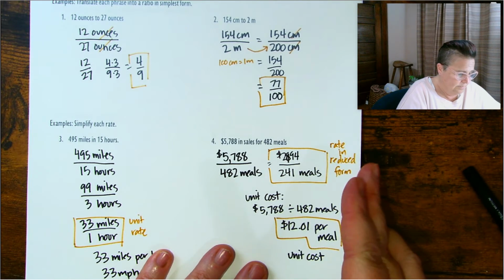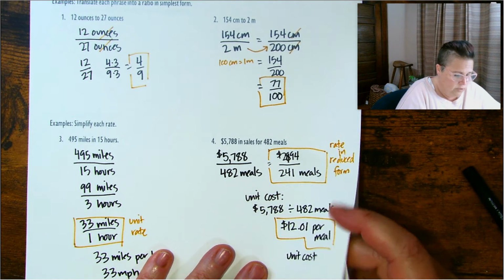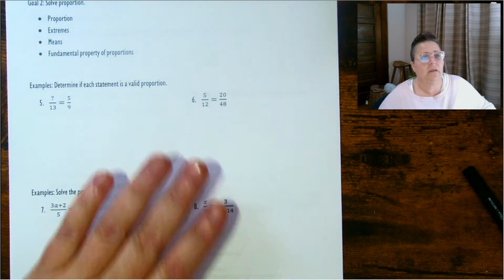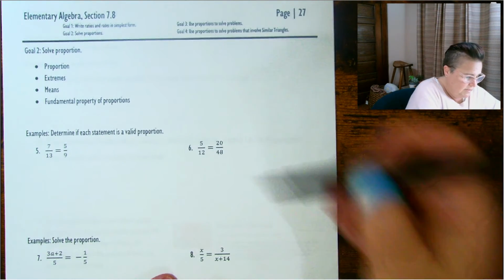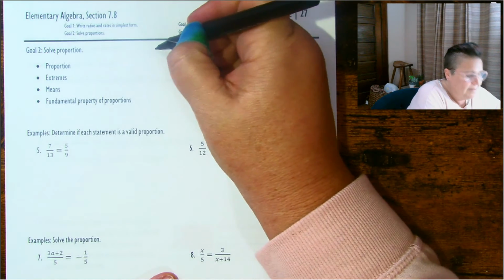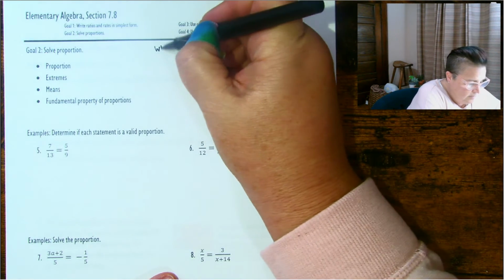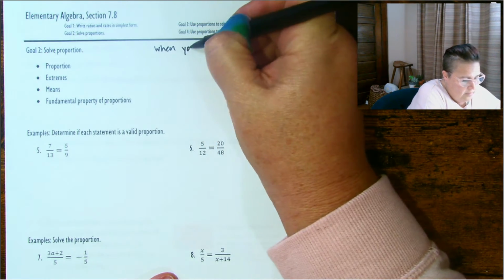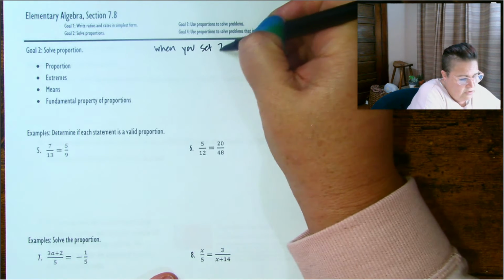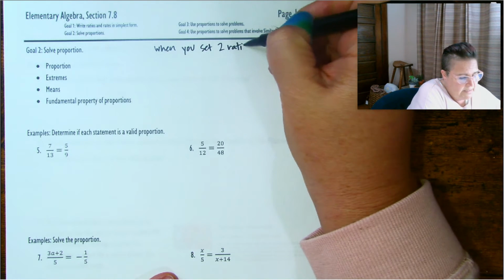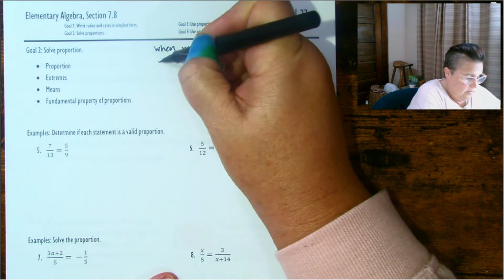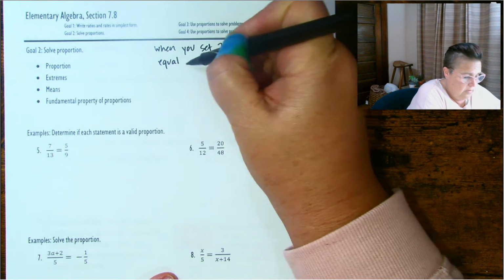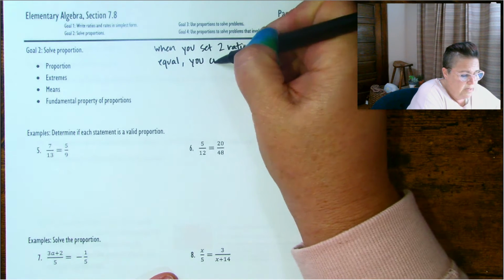Okay. I think we got to talk about proportions now. Now, what is a proportion? A proportion is a comparison. Basically, when you set two ratios or rates equal, that's when you create a proportion.